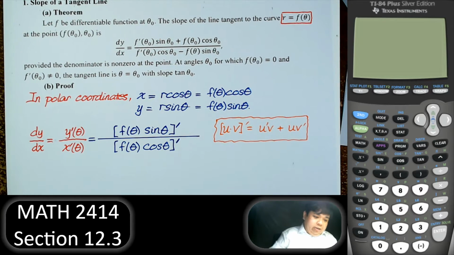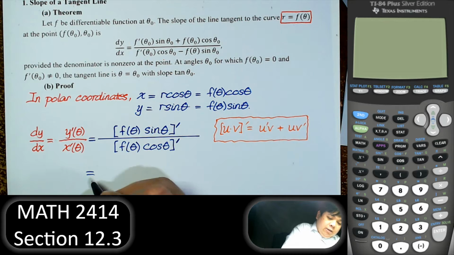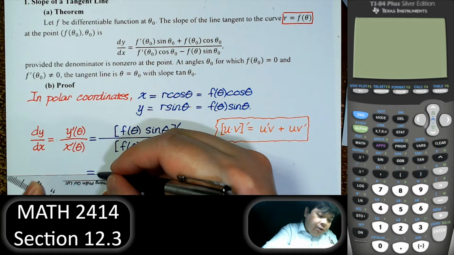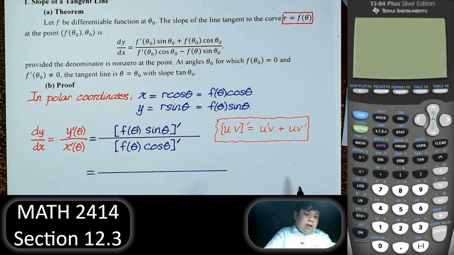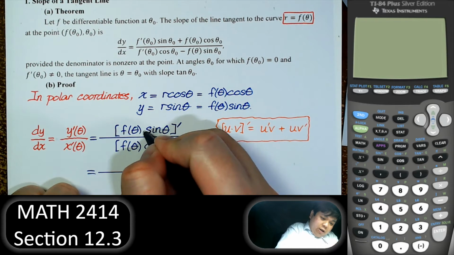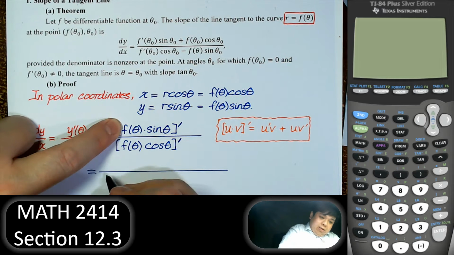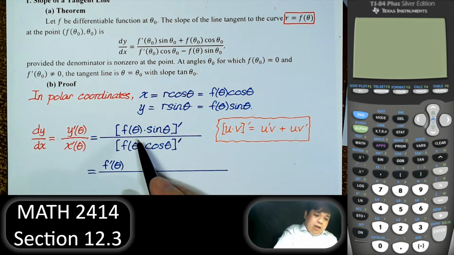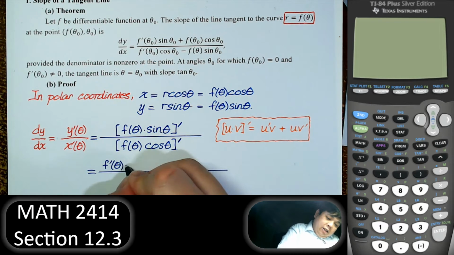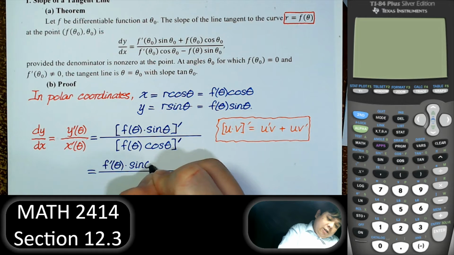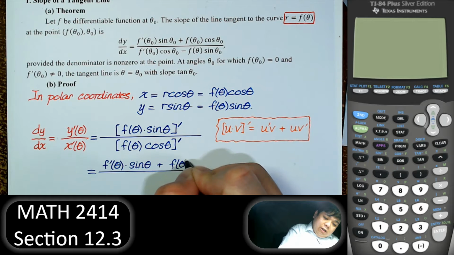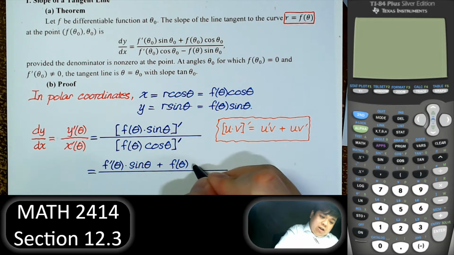And now we just take the derivative. It's a product, derivative of f of theta, so f prime theta, so u prime v plus u v prime, and the derivative of sine is cosine.